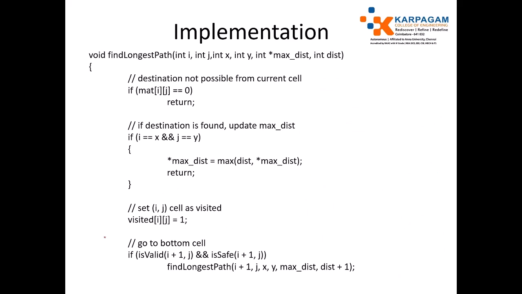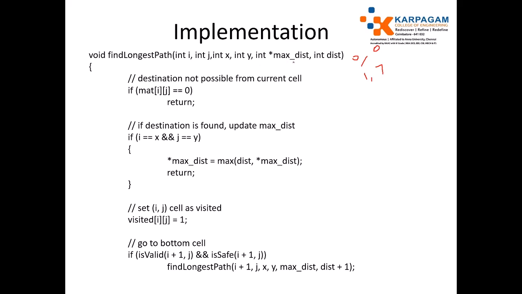We are using a recursive definition for solving this problem. So my function is find longest path. This takes the source i value and j value. For example, the user may give the source value as 0, 0, and the distance is 1, so you pass 0, 0 and distance value 1. This is a maximum distance.